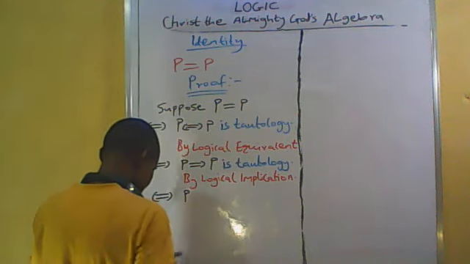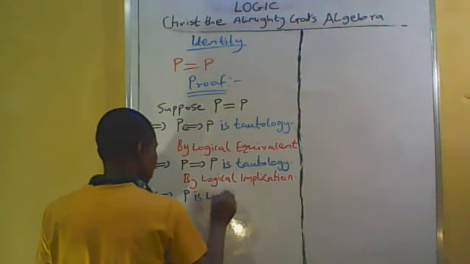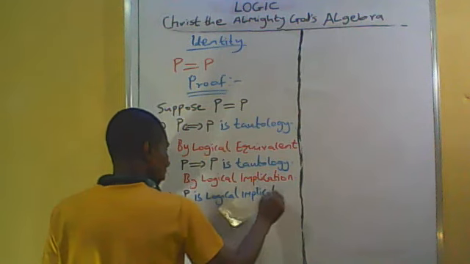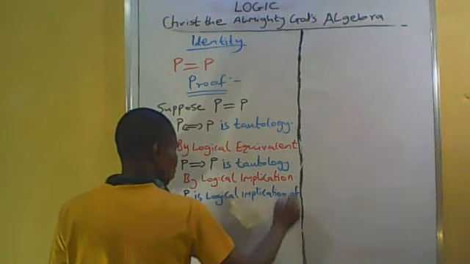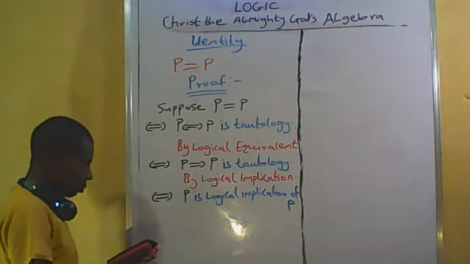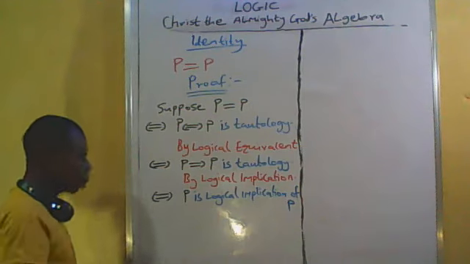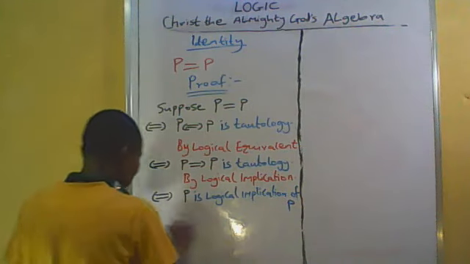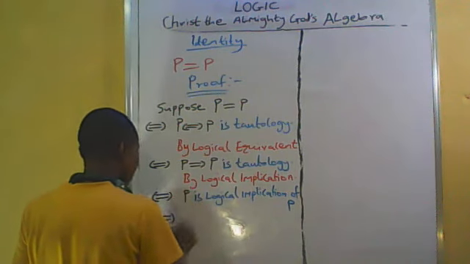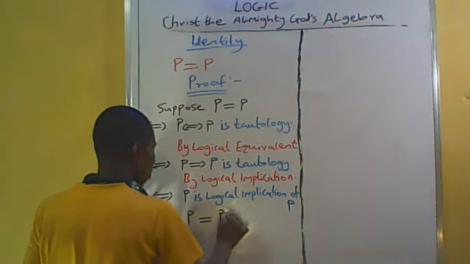P is logical implication of P. Now, since P is logical implication of P is true, this also should be true. That means P is equal to P or P.